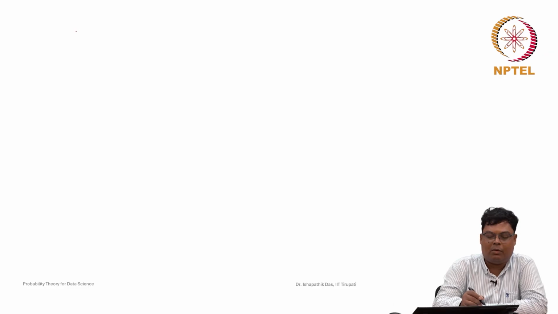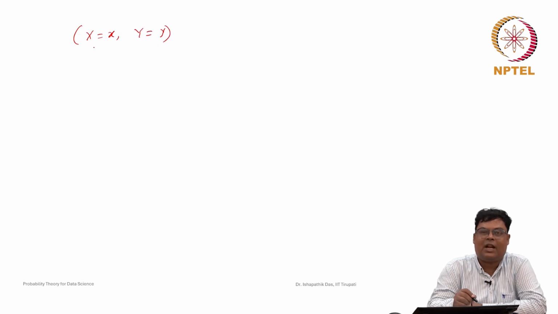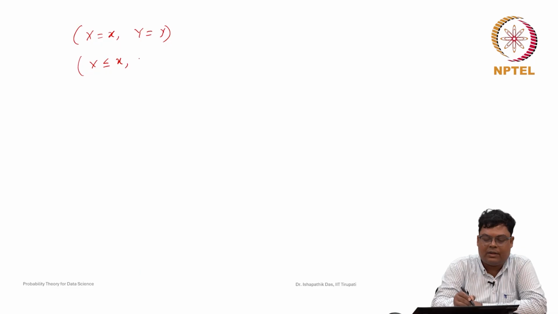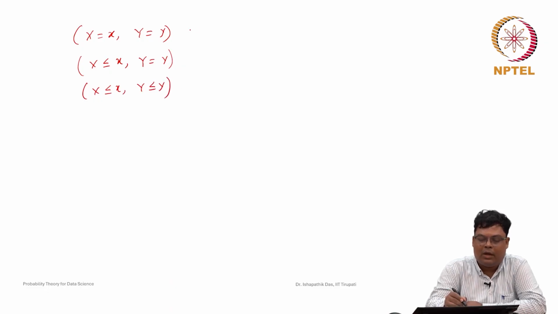So, we can talk about x is equal to some real number x, y is equal to some real number y, where x is the random variable, or we can talk about x less than or equal to x, y is equal to y. We can talk about x less than or equal to x, y less than or equal to y, like this. How is it defined? Suppose we want to define it, we can define this by an event x such that x is equal to x.